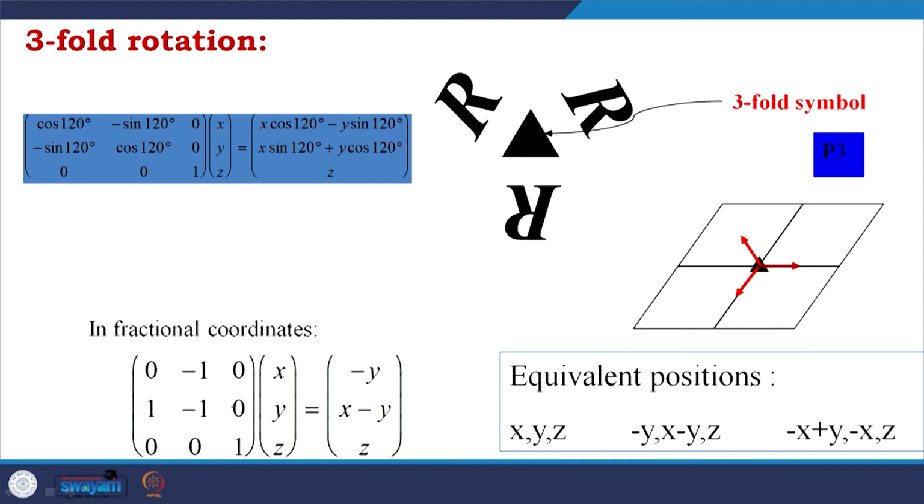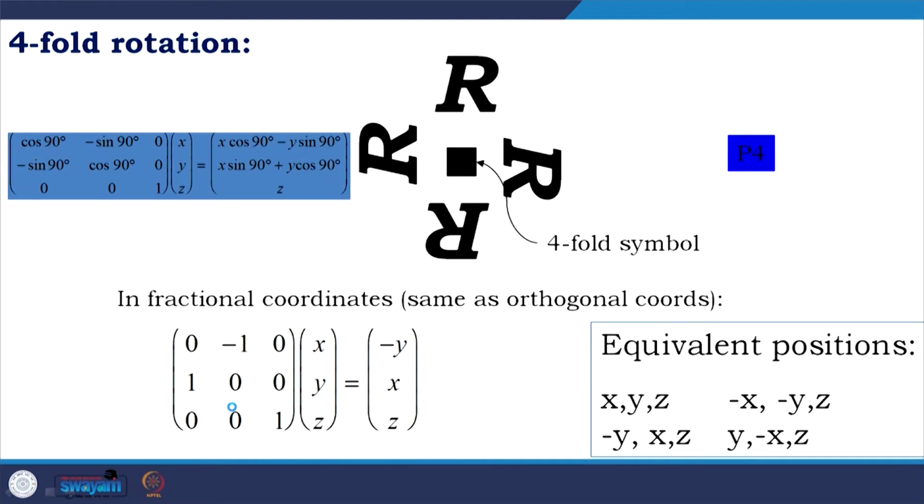It represents P3 symmetry. The equivalent positions are x, y, z; minus y, x minus y, z; minus x plus y, minus x, z. Fourfold rotation, again it is a P4 symmetry.